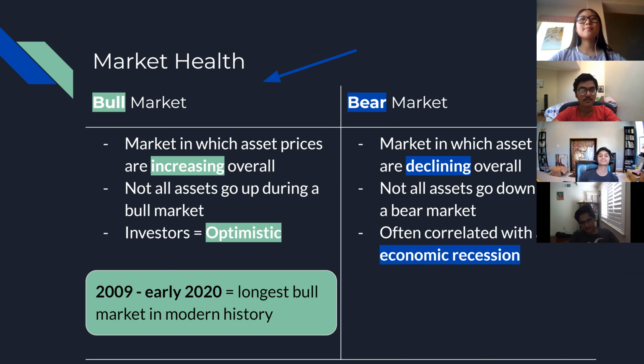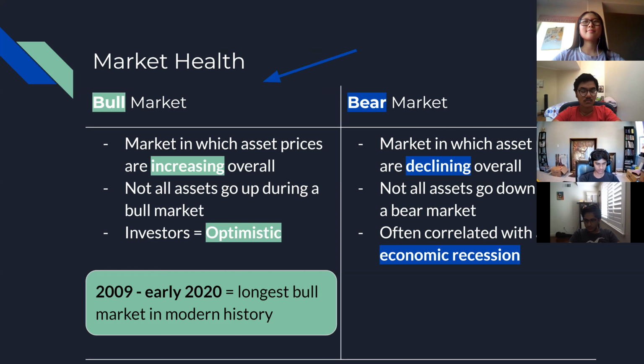Briefly this year, because of COVID, we had a really short bear market in which prices just completely plummeted. But that was actually the shortest bear market in history, and I think it was only about 1.5 months, in late February and early March.